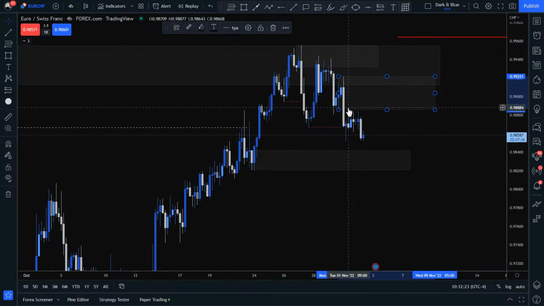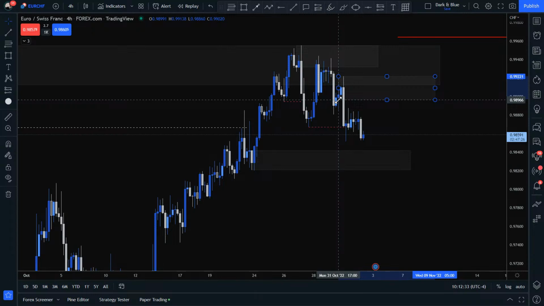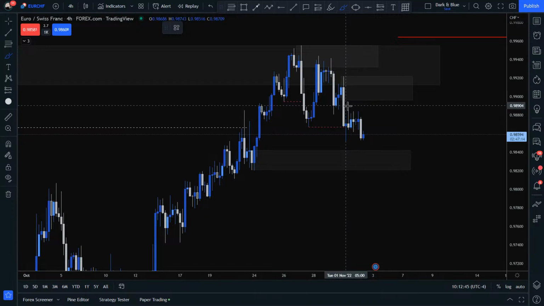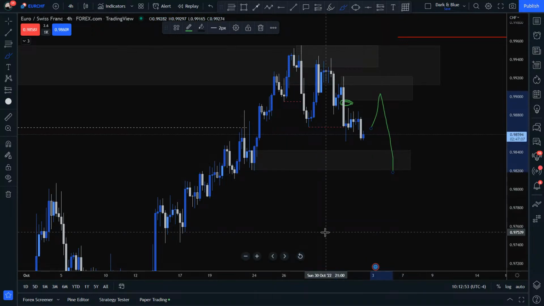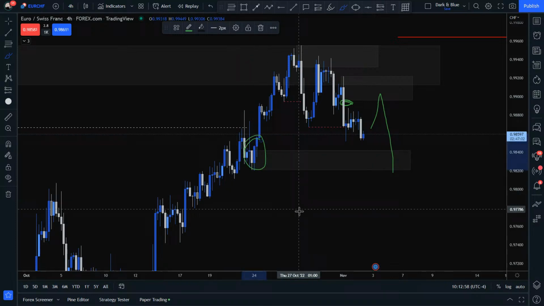Now we've already tapped into the range of this supply, but there is a refined zone to be mitigated. So I would be looking for this imbalance to be filled on the 4 hour, and then a move downward. I would expect price to get up here from the reaction to this zone.